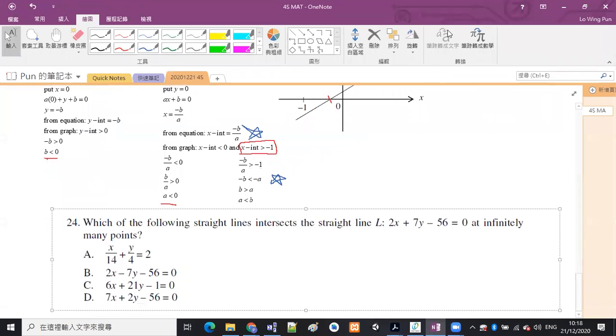24. Which of the following straight lines intersects the straight line L at infinitely many points?